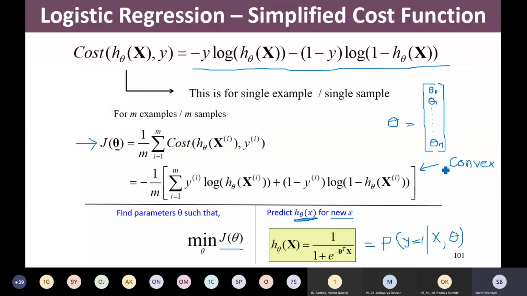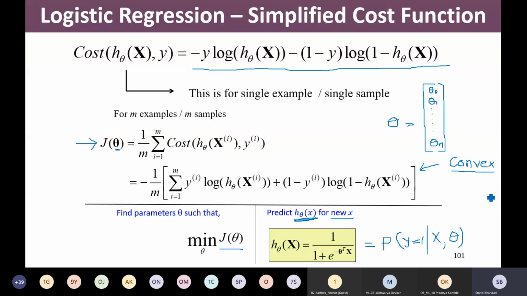I would just like to mention here that this kind of function is derived from statistics using the principle of maximum likelihood estimate. We are not going into the details of mathematics or statistics, but it is proved that this kind of function is a convex function, and hence such a convex function can be minimized by making use of gradient descent.